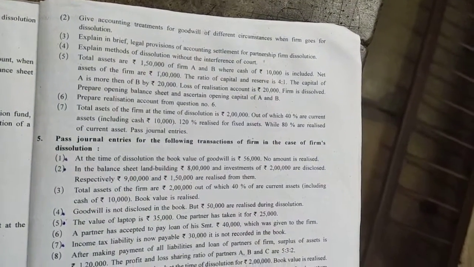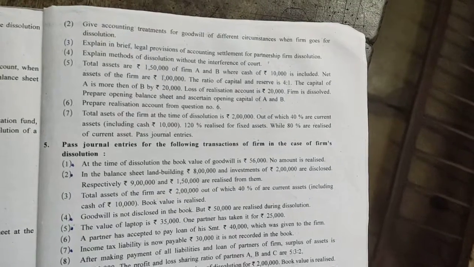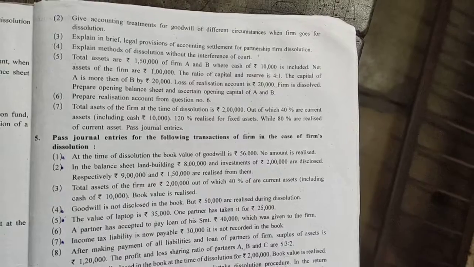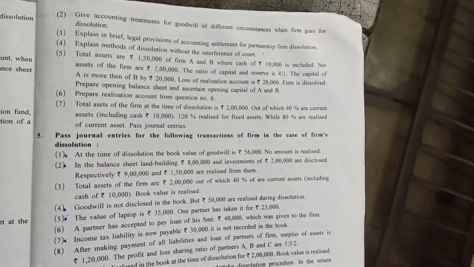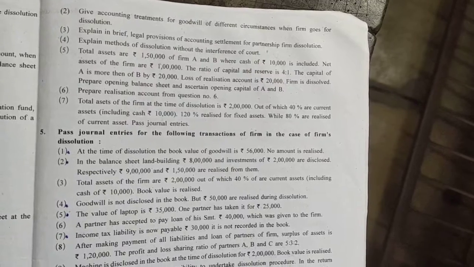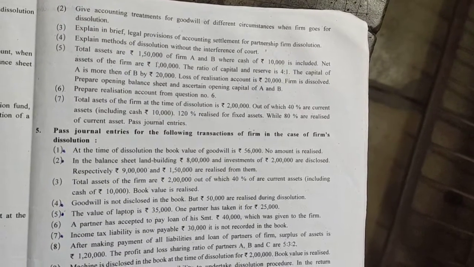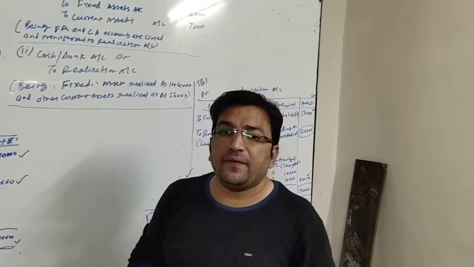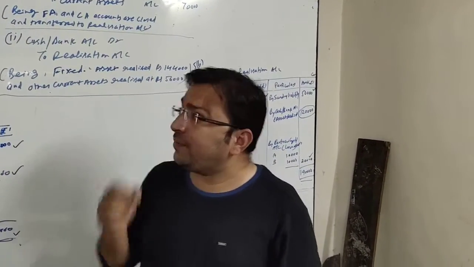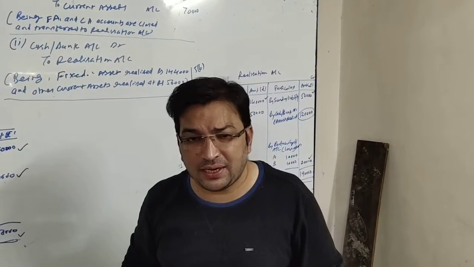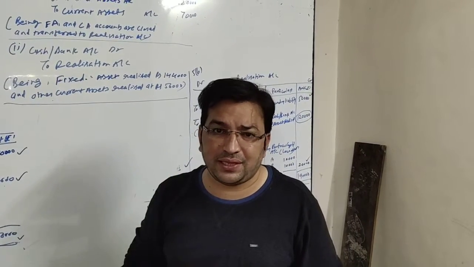Total assets of the firm at the time of dissolution are rupees 2 lakh, out of which 40% are current assets including cash of rupees 10,000. 120% is realized for fixed assets, while 80% is realized of current assets. Pass journal entries. Friends, we are given the information that total assets are rupees 2 lakh, 40% is current assets including cash of rupees 10,000.